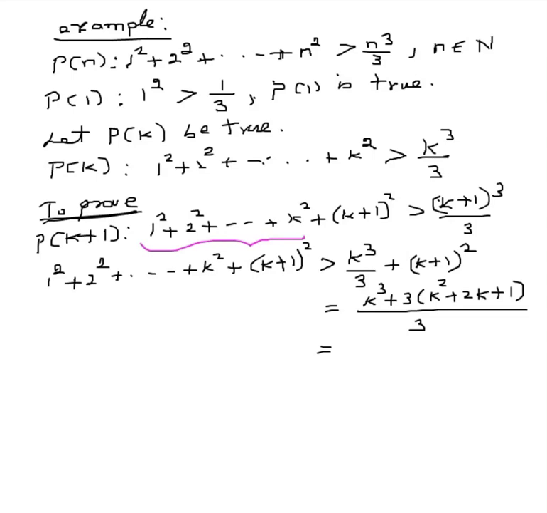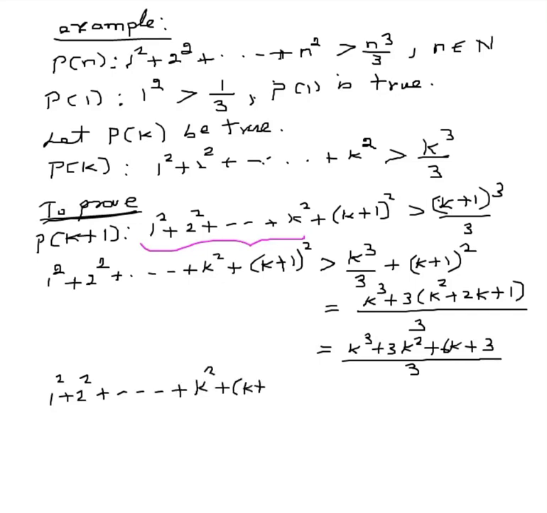And this will be k cube plus 3k square plus 6k plus 3. Now 1 square plus 2 square etc. k square plus k plus 1 the whole square is greater than this.